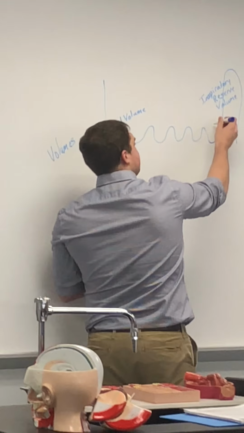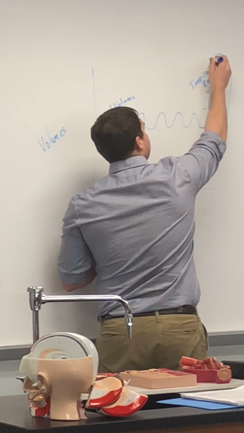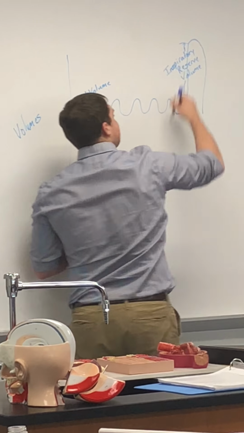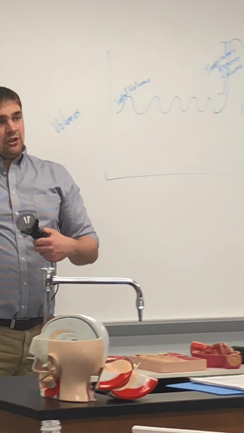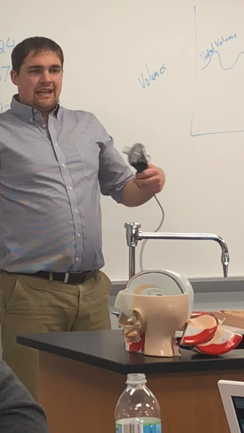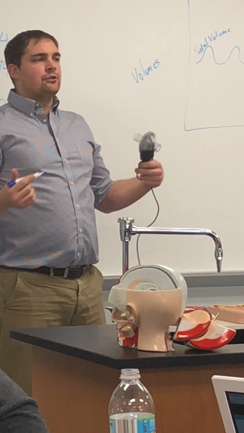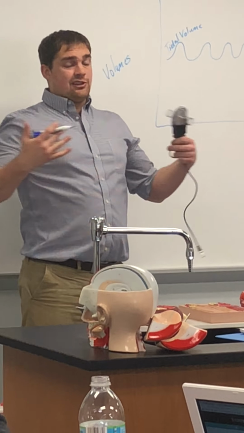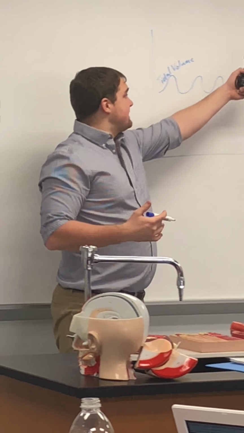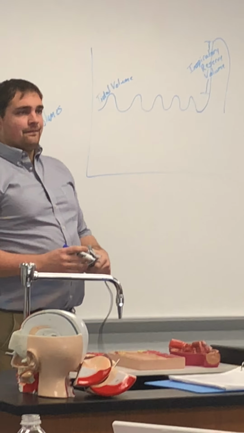All right, so this inspiratory reserve volume is the amount of air additional to a normal breath that we can breathe in. It's what we have in reserve. So if we need an extra airflow, then this is the extra airflow.